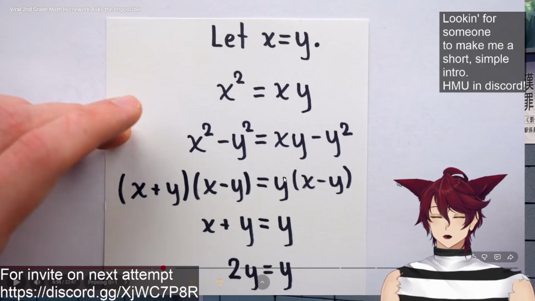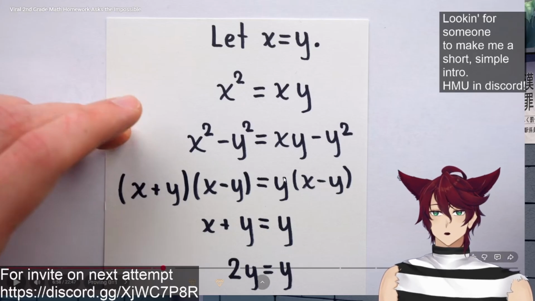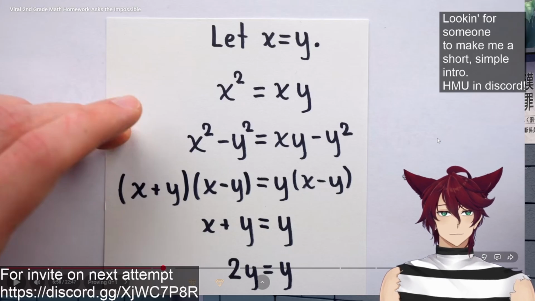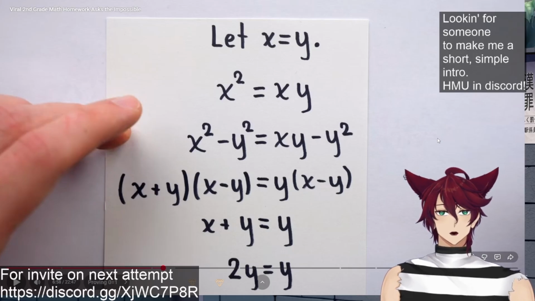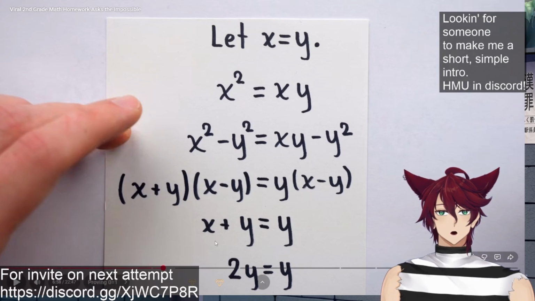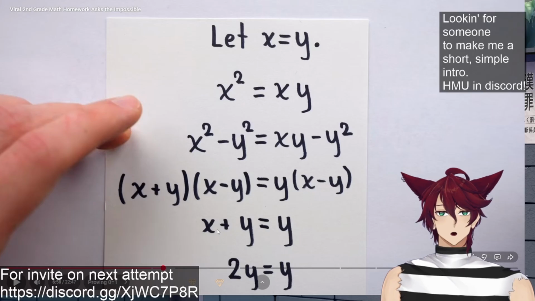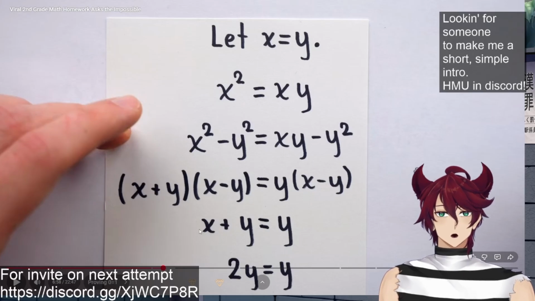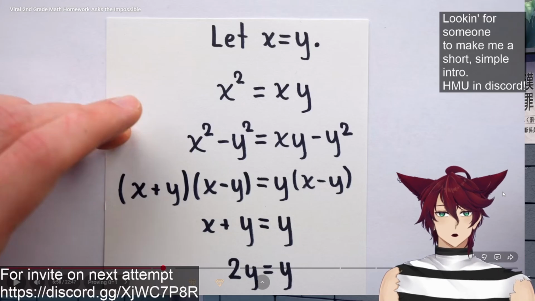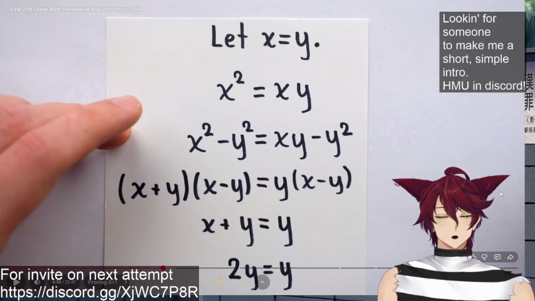Interesting. I've never actually done this kind of a silly thing before, on purpose anyway. And it all seems to check out. Very interesting. Then we have x plus y equals y. We substitute y for x, and that means y plus y equals y.